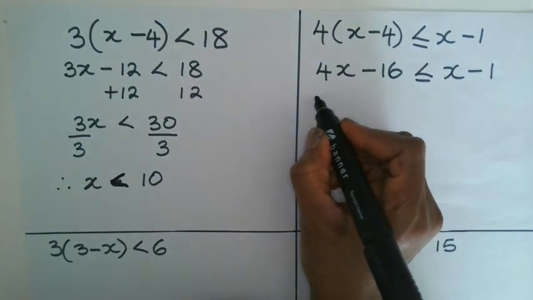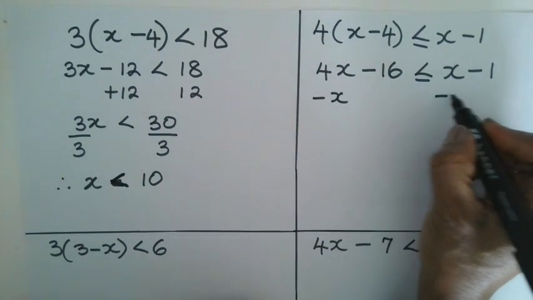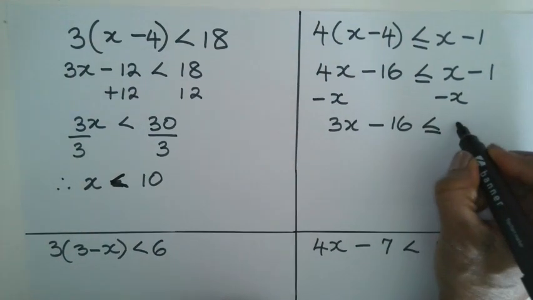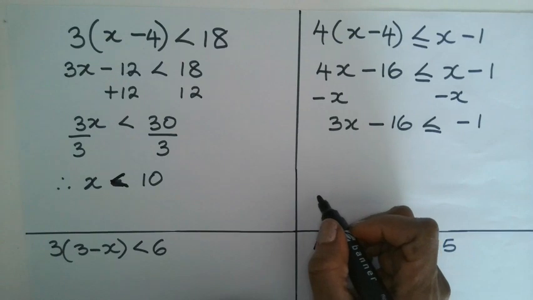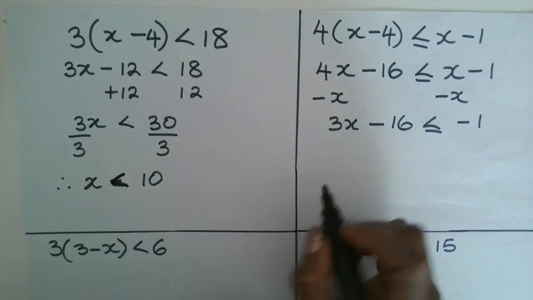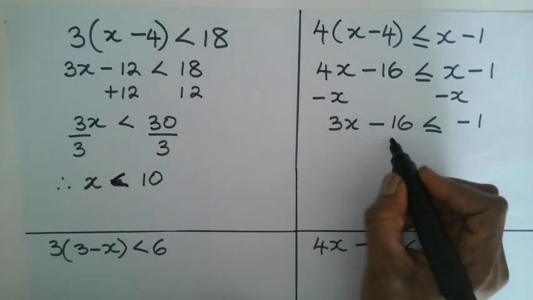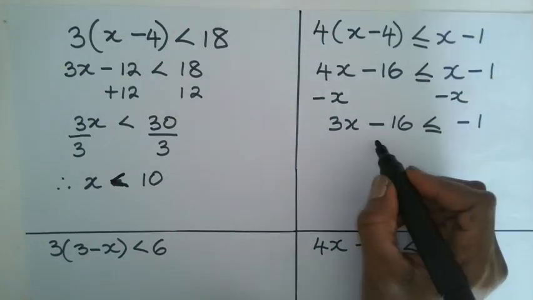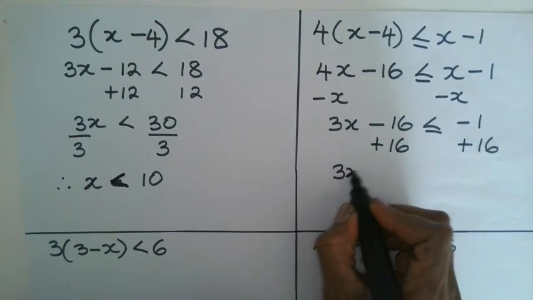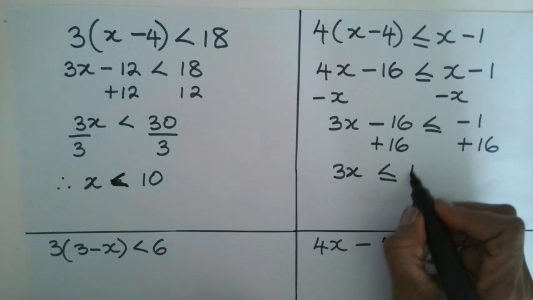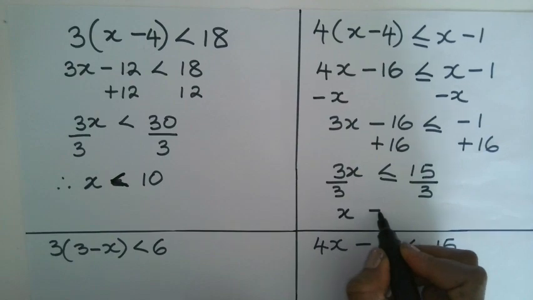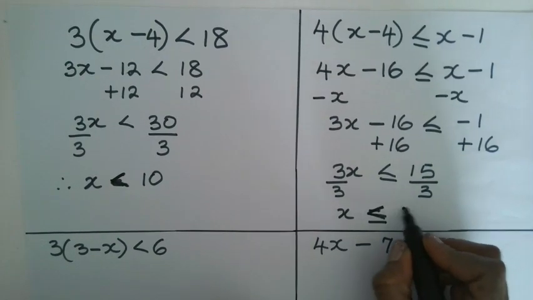So we take away x, so we got 3x minus 16 is less or equal to minus 1. Alright, so next thing we do is take minus 16 over to the other side. So I'm going to add 16 here, add 16. So I've got 3x is less or equal to 15. Divide by 3, divide by 3. x is less or equal to 5.